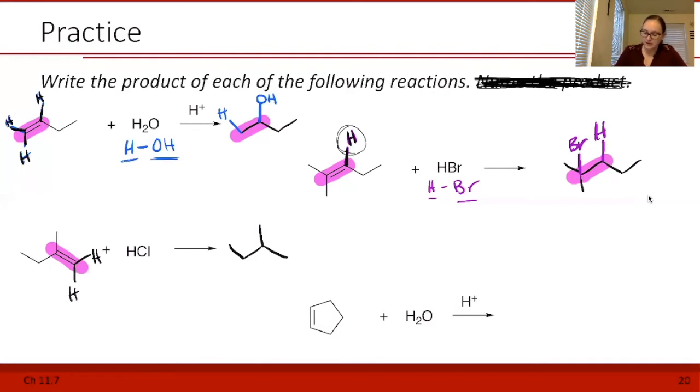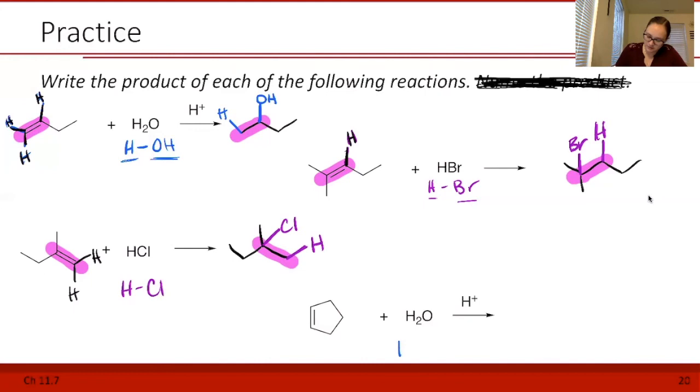This is the one we added. Okay, draw in our hydrogens. Now we're back down. So I'm going to highlight where my alkene was here, and then we will add in our hydrogen to the side that already had more hydrogens. So H goes here. Cl goes on the other side because we're adding HCl.